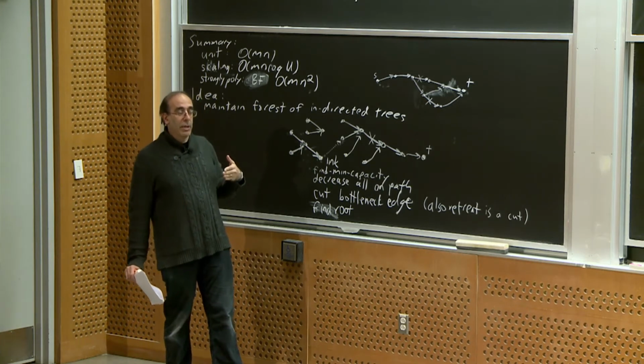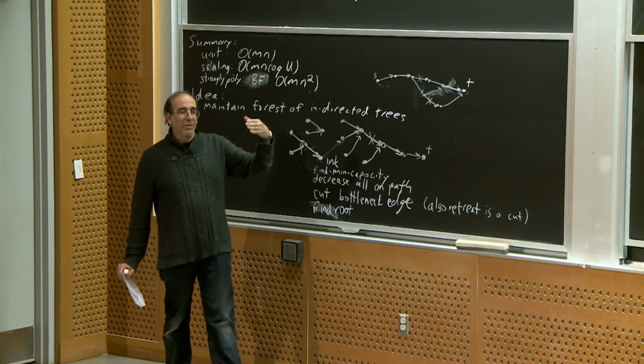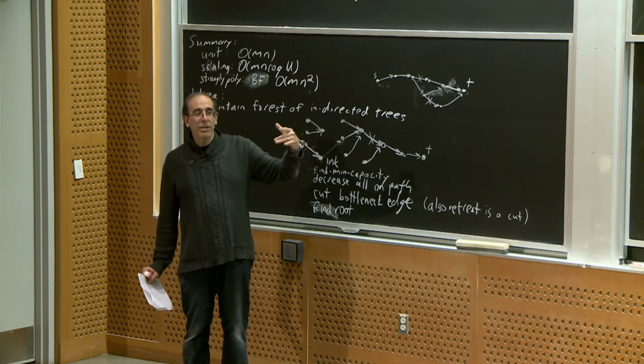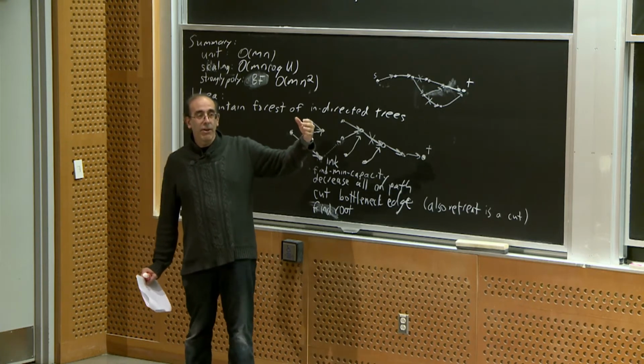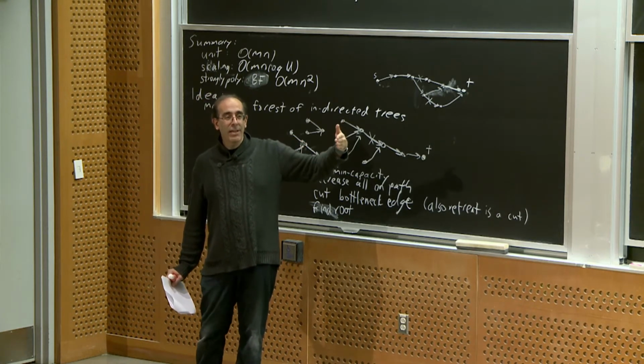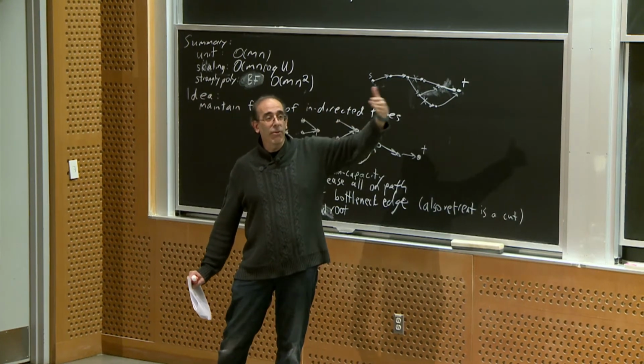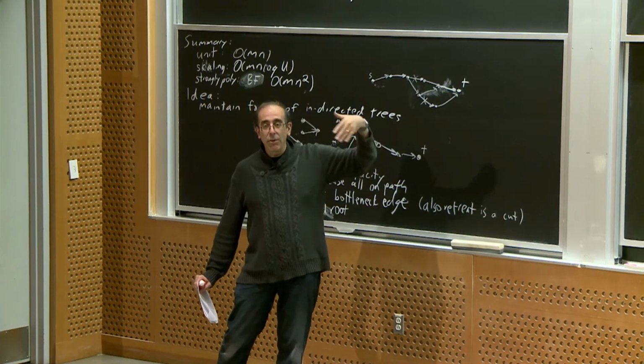I start at the source, I find root. Once I have found the root of the source tree, I look out of the edges from that root. I find another vertex. I link to that vertex. I then find the root again and do the next link. I keep linking forward until I find the sink or I get stuck.